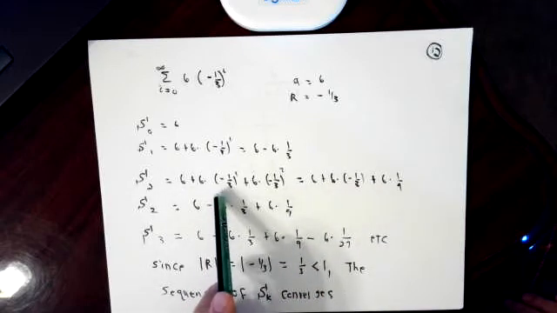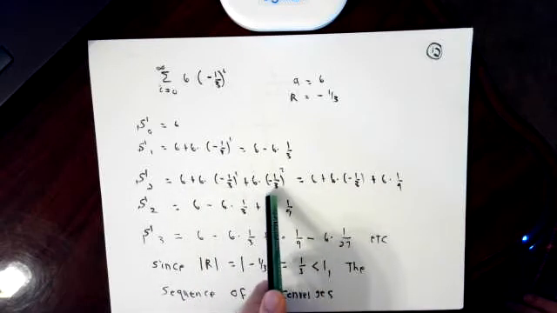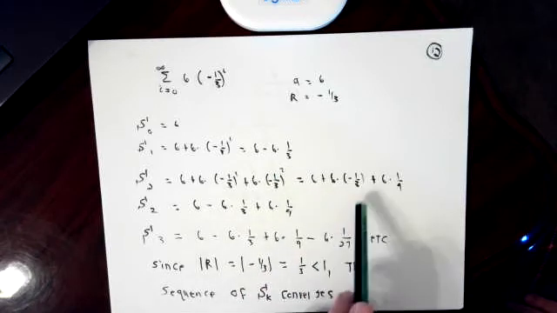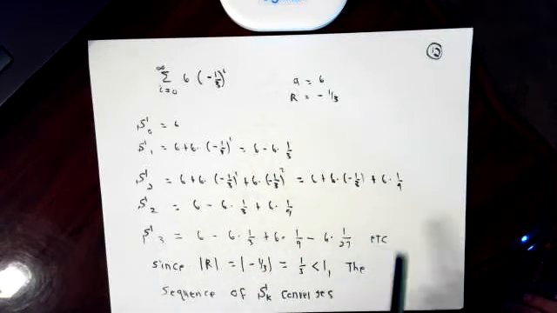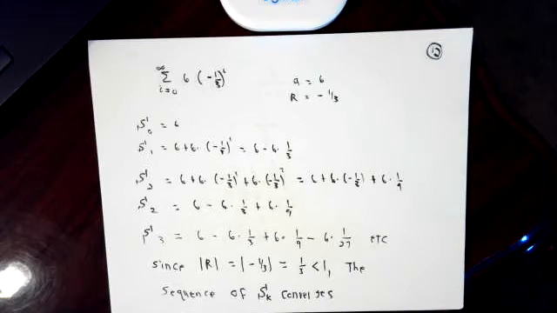Then 6 plus 6 times negative 1/3 plus 6 times the square of negative 1/3, and so on and so forth. The absolute value of R is the absolute value of negative 1/3, which is 1/3, which is less than 1. I already know the infinite series converges. On the next page, we'll figure out the number that it converges to.